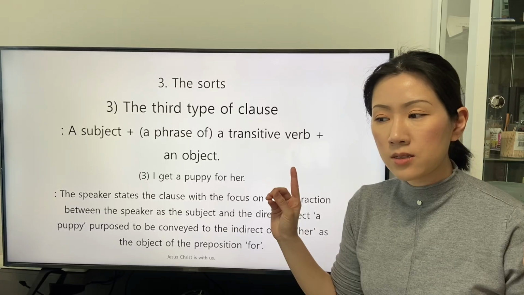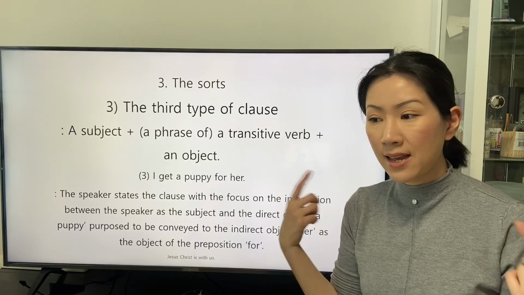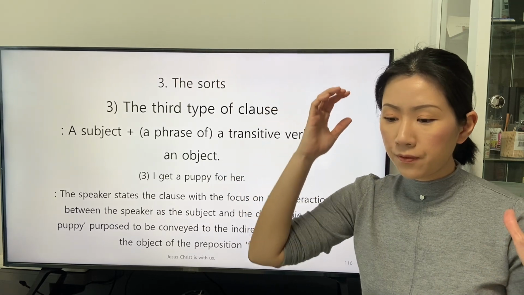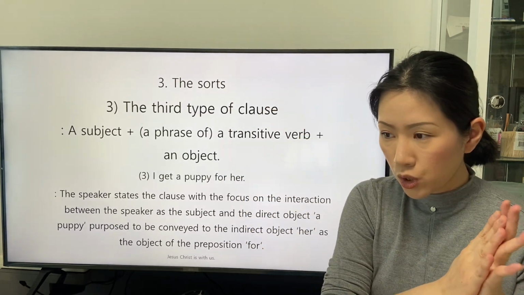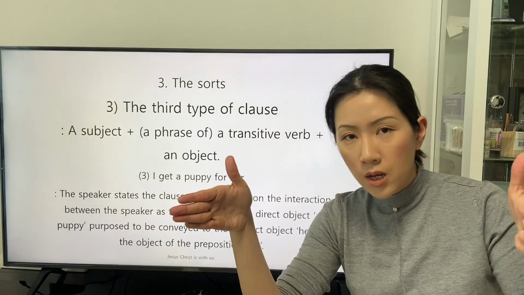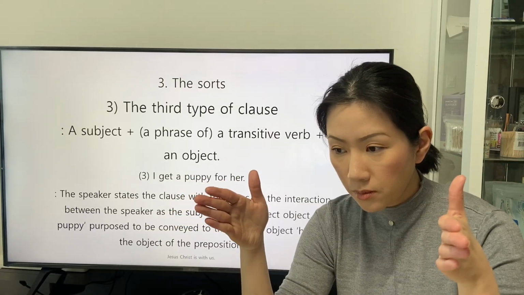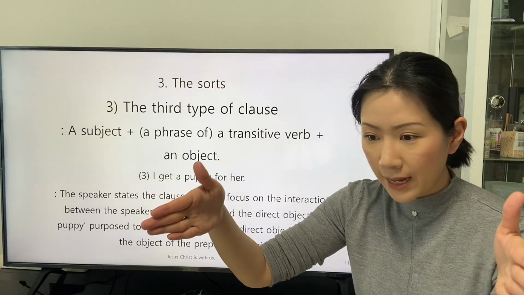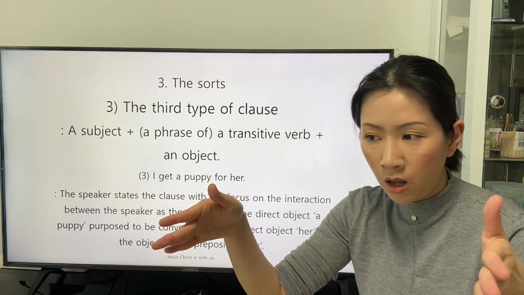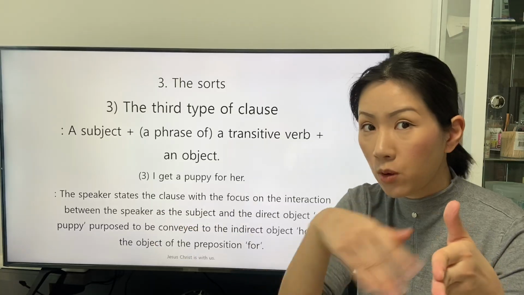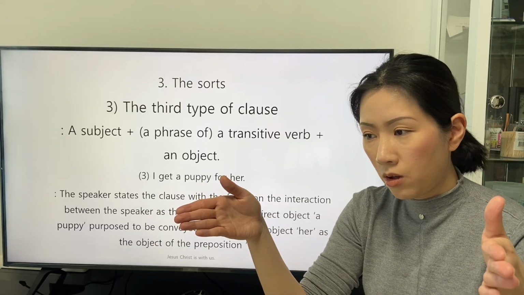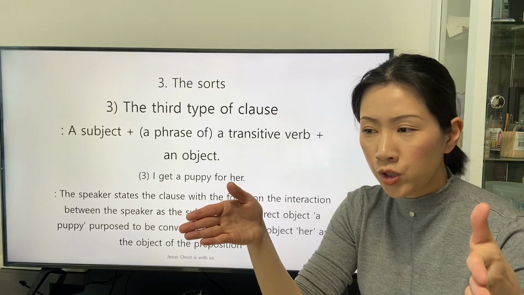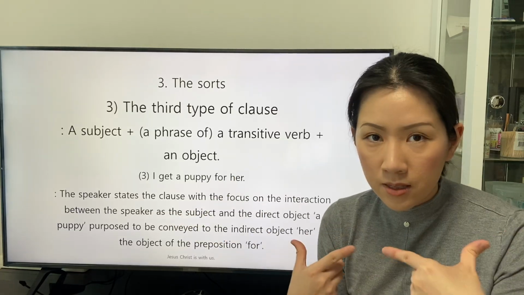This means that the speaker can set the range of the statement from the subject to the direct object as a main focus, as a clause to deliver the main intent of the speaker.